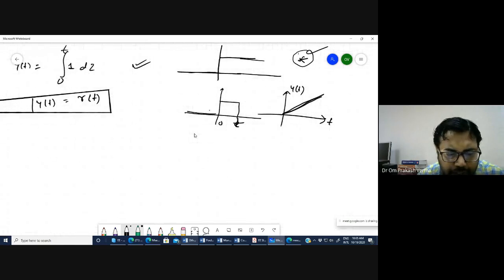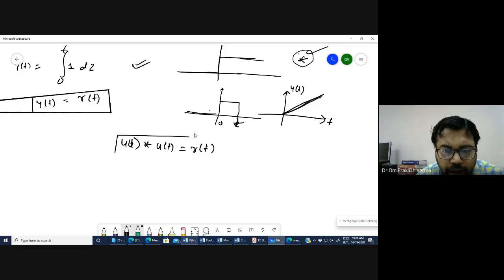The conclusion is very important. You have to remember this one. This question has been asked many times in the GATE and ES examinations. The convolution of u(t), a step function, with u(t) is always r(t), the ramp.